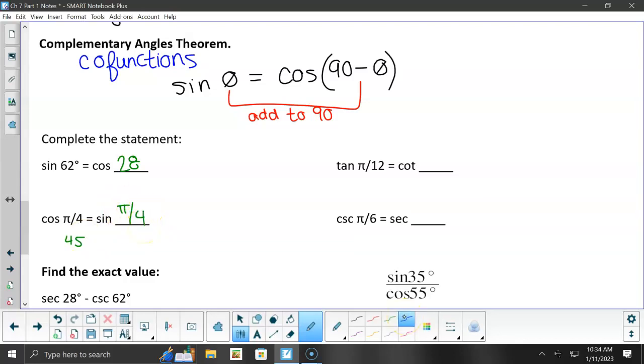Now, the right-hand side got a little messy for people in first period. So, what would be 90 degrees if we're talking pi's over 12? Yeah, 6 pi over 12. So, 6 pi over 12 equals 90. So, if I have 1 pi over 12, and I need to subtract that from 6 pi over 12, how many pi's over 12 do I now have? 5 pi's over 12.